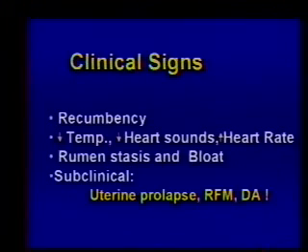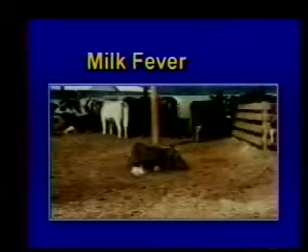But these cows, with calcium below 8 that don't present with the clinical form, are predisposed to prolapse of the uterus, retained fetal membranes, displacement of the abomasum, metritis, and also maybe even some ketosis. So remember that there is a subclinical component.